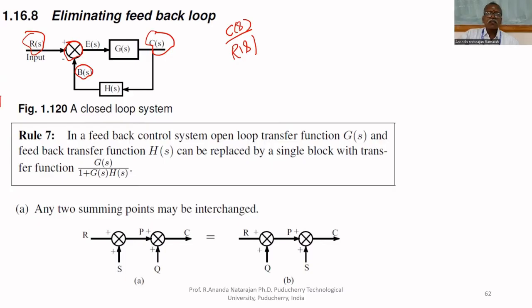What is the signal that we are getting here? It is E(s) equal to R(s) minus B(s). Am I correct or not? Here, what is the input to this block? C(s). The input is C(s) and the output is B(s).